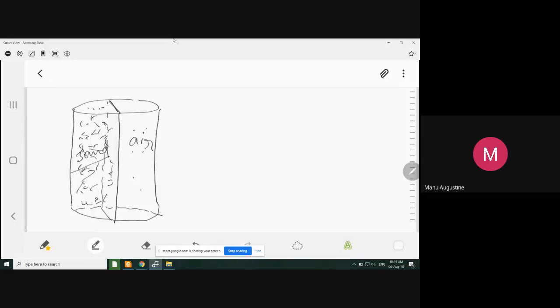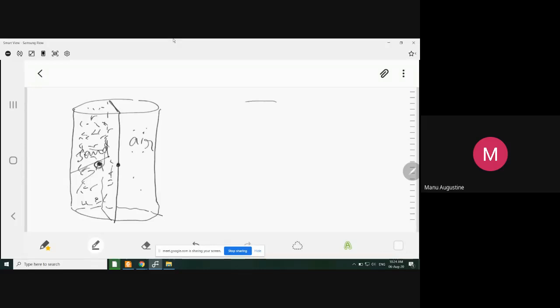Where will the center of gravity of the cylinder lie now? On the vertical line it will be at the center only, but in the horizontal direction it will shift towards the heavier object. So the center of gravity will slightly shift towards the left side because sand is heavier than air.